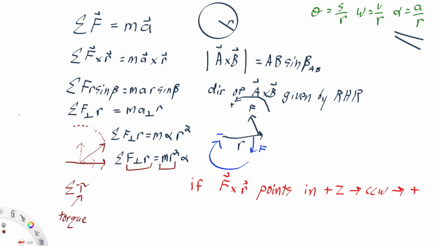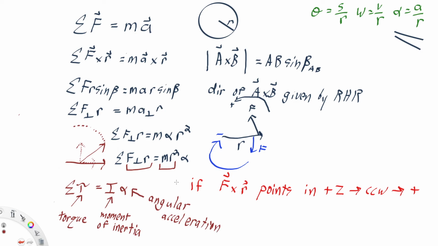We're going to take this mr squared here, and we're going to rename that as well. We're going to rename that the moment of inertia. And lastly, we've got our angular acceleration. So this is Newton's second law for rotation.